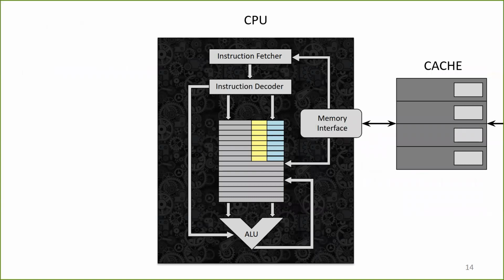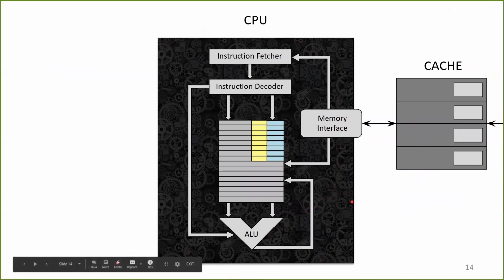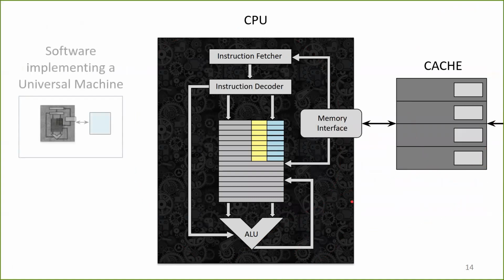Visually, here's what our emulators are going to do. This is a picture, the classic picture we've been seeing of our machine architecture. Our machines have their own processor, their own CPU, and their own memory. That's how they operate. You're going to write a program in software that captures all of the components of a UM: its registers, its ALU, its memory system, and its fetch, decode, and execute cycle.